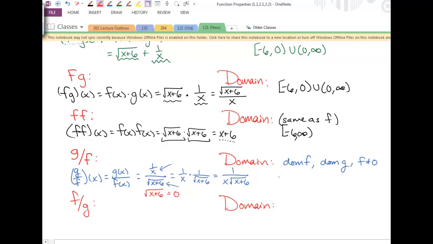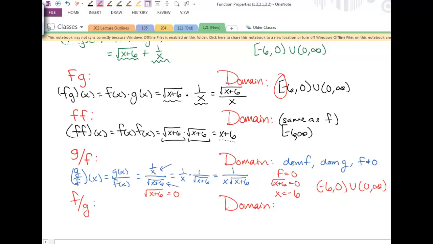So if I look at where f equals 0, that would be where root x plus 6 equals 0. That's when x equals negative 6. This means that we have to leave this out. So the domain now looks almost the same as before. The only difference is before we were allowing negative 6 and now we are not allowing it.